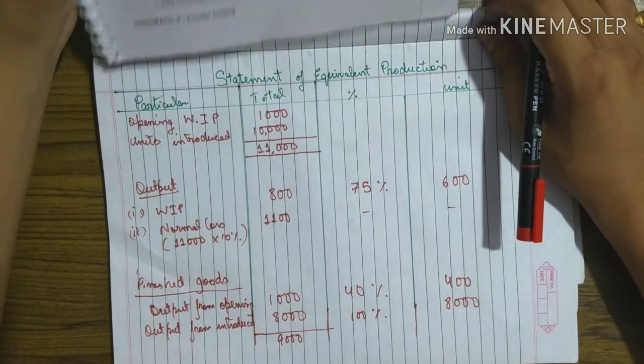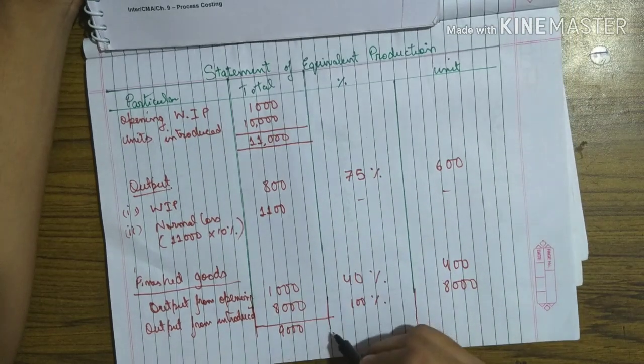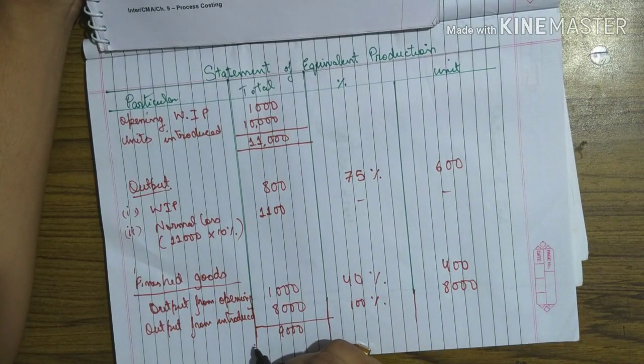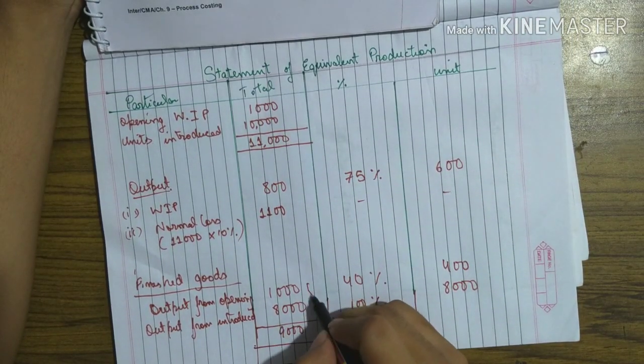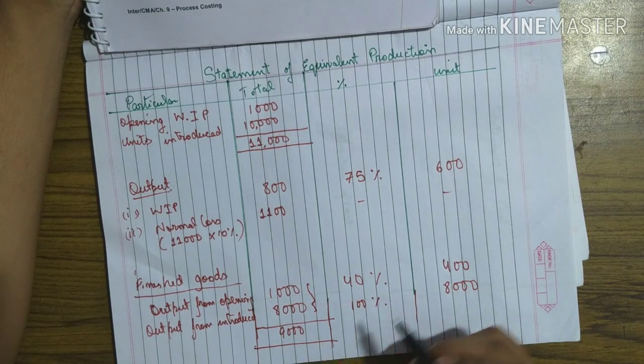So now let's have a total. This is the subtotal, so you don't need to calculate this. It will be 9,000 together.